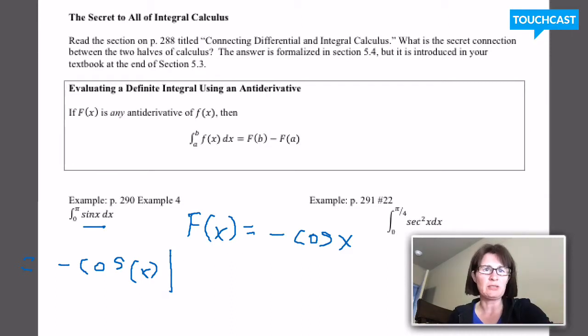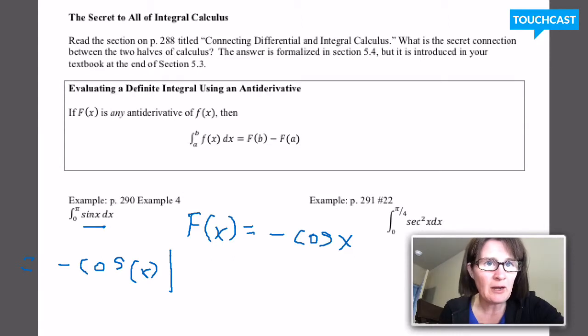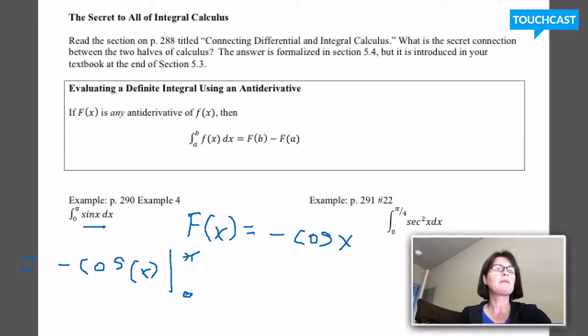And a notation I use, I'm going to write down my antiderivative. I use this vertical line to say I'm going to evaluate it from, I'm going to copy these limits. That's 0 to pi. Those are the a and the b in my original integral.